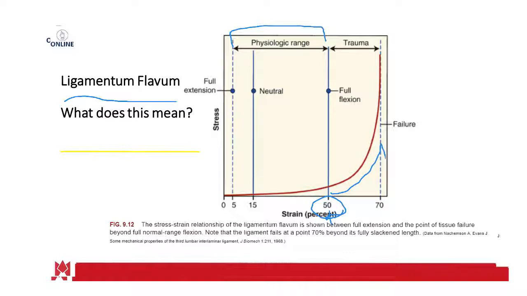Failure occurs around 70%. That's a good number to know, and 70% is an increase from the starting point. So if the ligamentum flavum is 100 centimeters, you would stretch it up to 170 centimeters before it would actually fail or tear apart. That's significantly more than other tendons, fascia, or ligaments within the body.